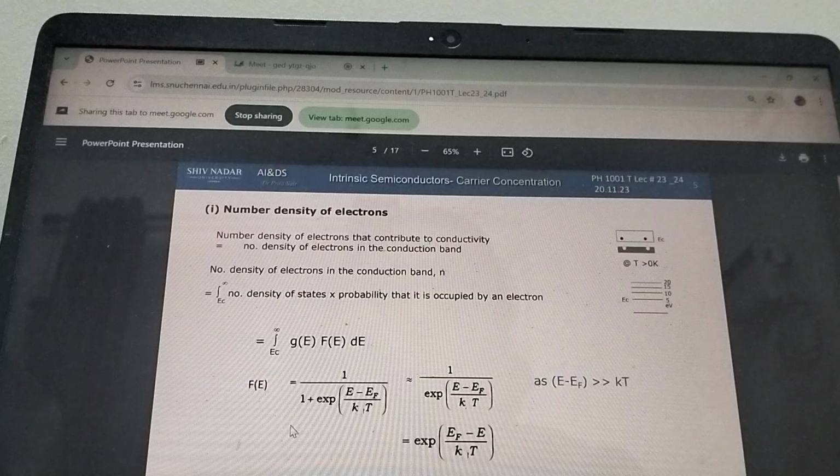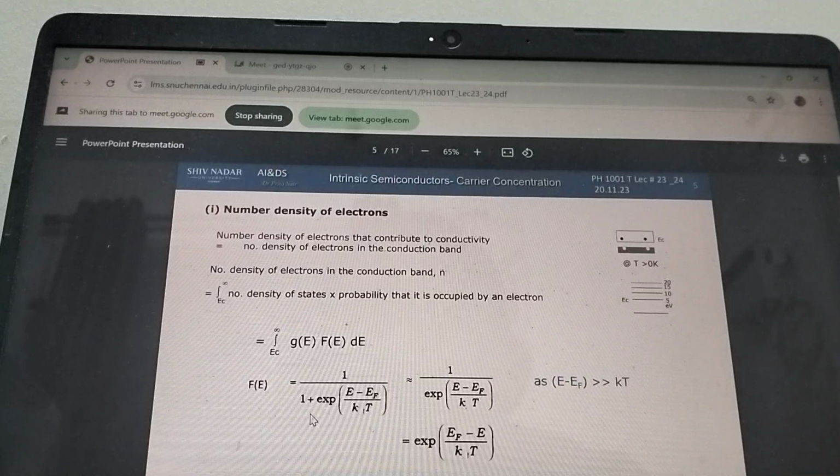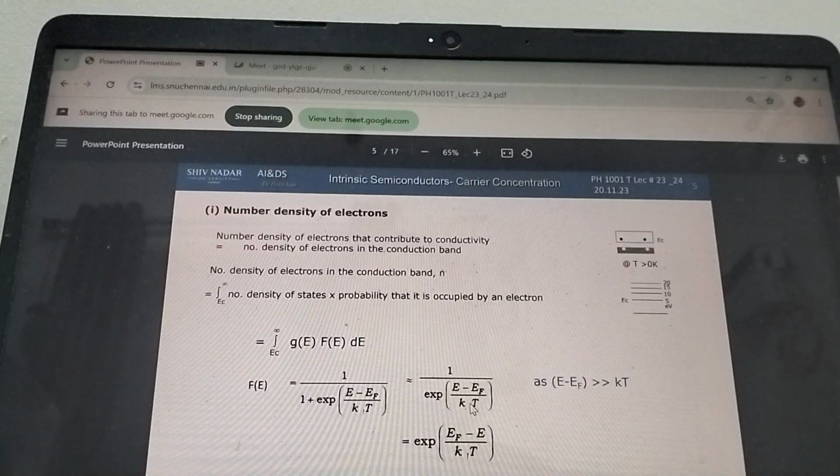We ignore the 1 for the purpose of simplicity in calculation, and we take 1 by e raised to (E minus EF) by kT, which is nothing but e raised to (EF minus E) by kT. Because it's in the denominator, when it goes to the numerator it gets a minus sign, so minus of (E minus EF) would be EF minus E.